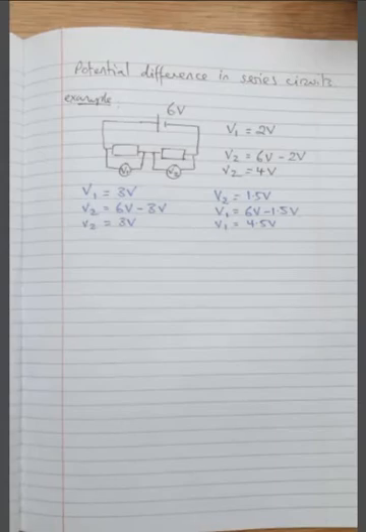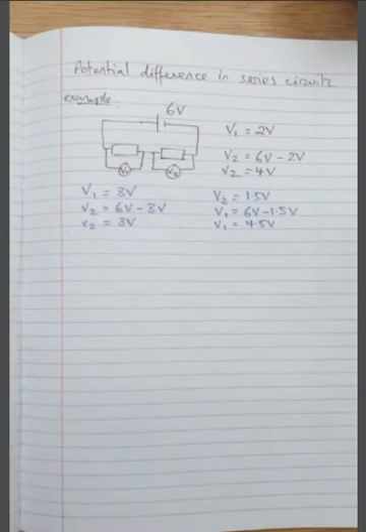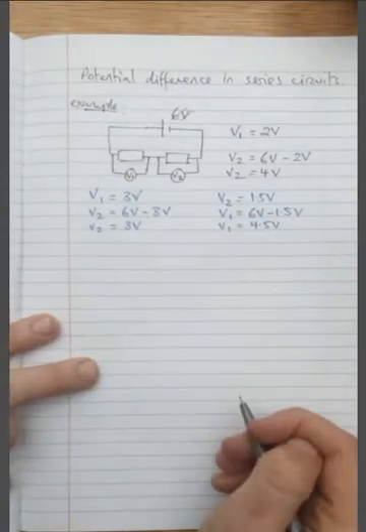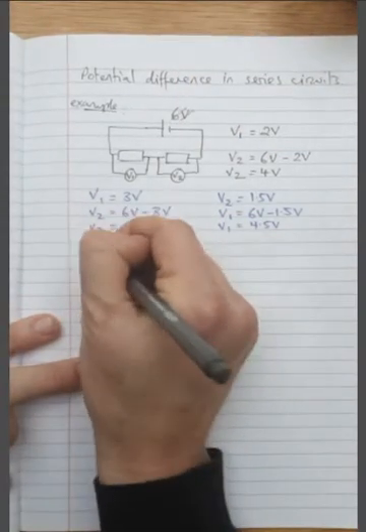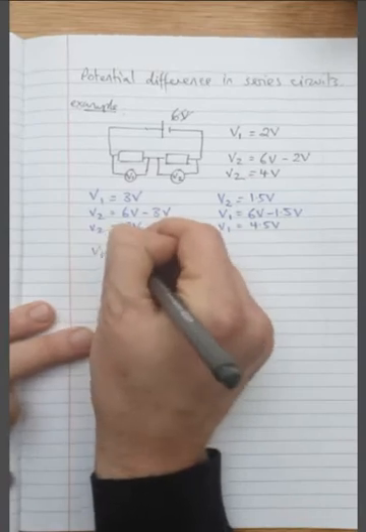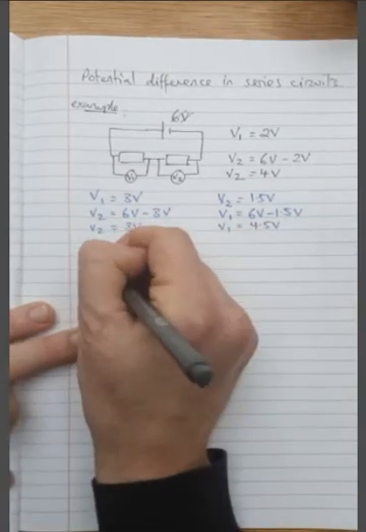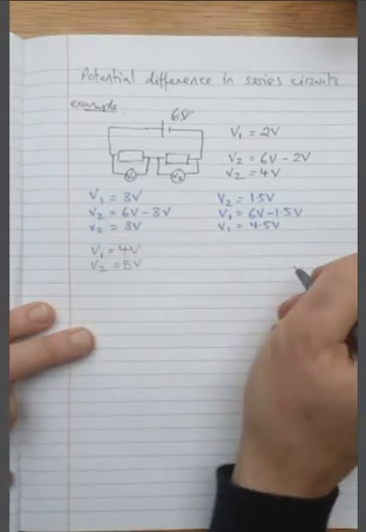We can also look at this a slightly different way. What if I don't know the voltage of my cell? I know that V1 equals 4 volts, and I know that V2 equals 5 volts.